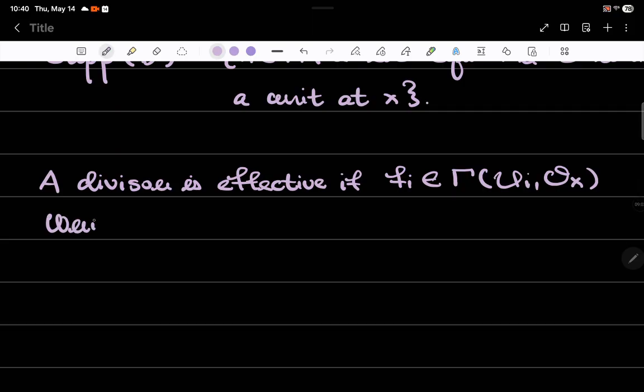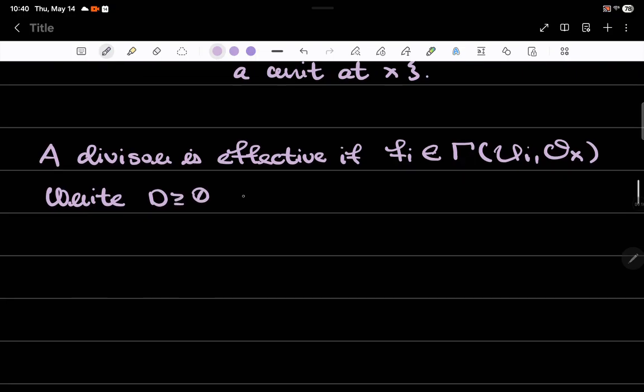And so we'll write D greater than or equal to 0 for this. And so it has zeros, potentially, maybe not, but no poles, as we can see by the description here. If we were to have poles, then this would not be a regular function, it would be a rational function.